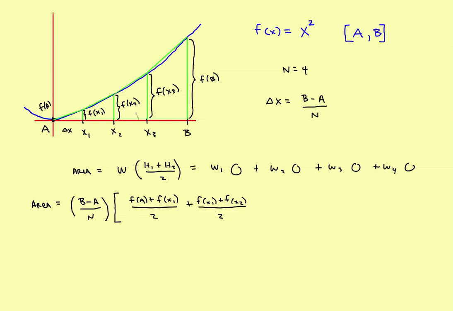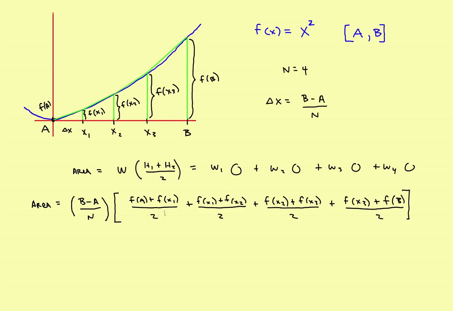Now look at the third trapezoid. It's x2 and x3, so this will be plus f at x2 plus f at x3, that average height. Then finally, for the last trapezoid, you'd have f at x3 plus f at b, and that average height divided by 2.